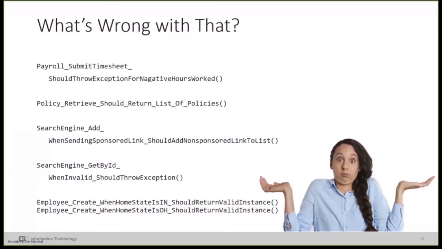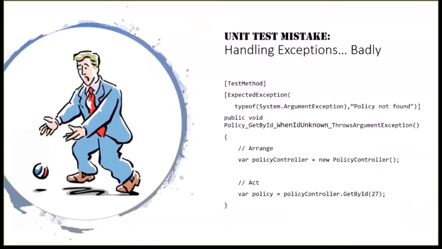All right, so now let's go on to another mistake, handling exceptions badly. Let's look at this code. We've got a test method and an expected exception. What does the expected exception attribute do? Okay, it indicates that this method, if it's going to pass, must at some point throw the exception specified here.